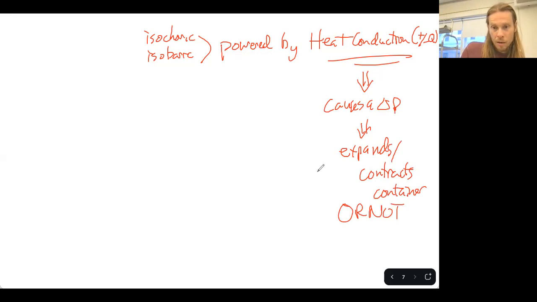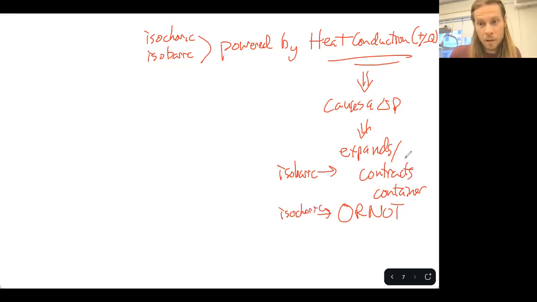If it does expand or contract the container, that's isobaric. If it doesn't, that's isochoric. Because if it expands or contracts, the pressure then equalizes again. If it doesn't, then the pressure just builds and it just stays there like a pressure cooker, or it stays there like a low vacuum system that wants to implode, right? Cool, right? So that's review.